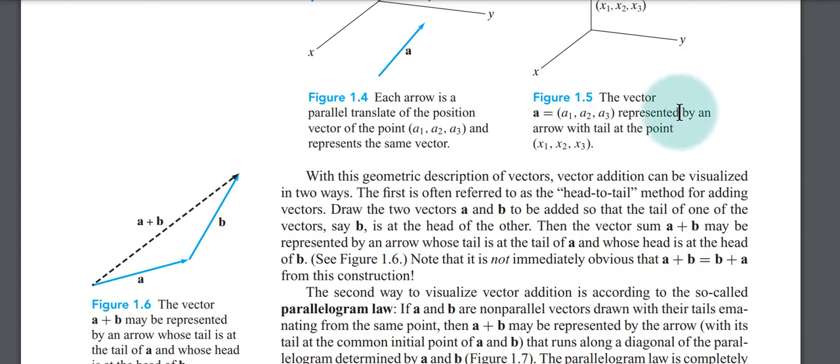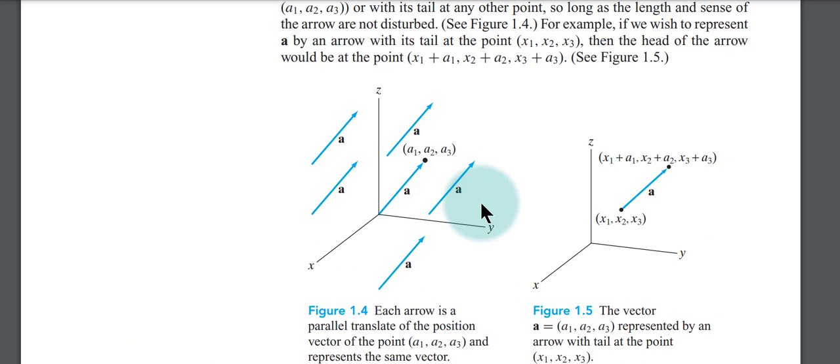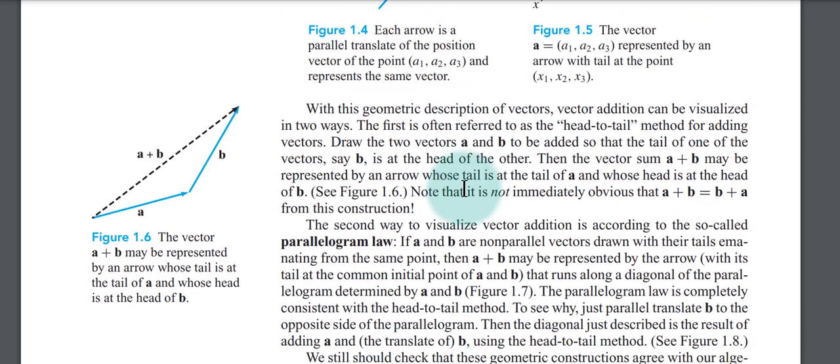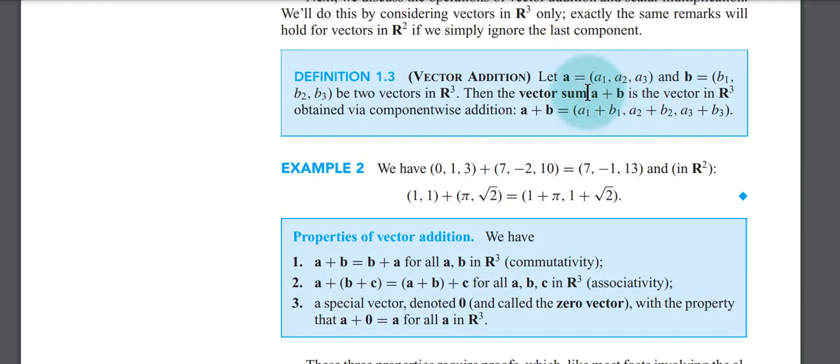Now, we already talked about what we mean by adding two vectors, but now that we have a geometric interpretation of what a vector is, we might think about what's the implication of our definition of addition in terms of this geometric picture. So if you have a vector A and you want to add B to it, forget about arrows for a minute, we already explained what we meant.